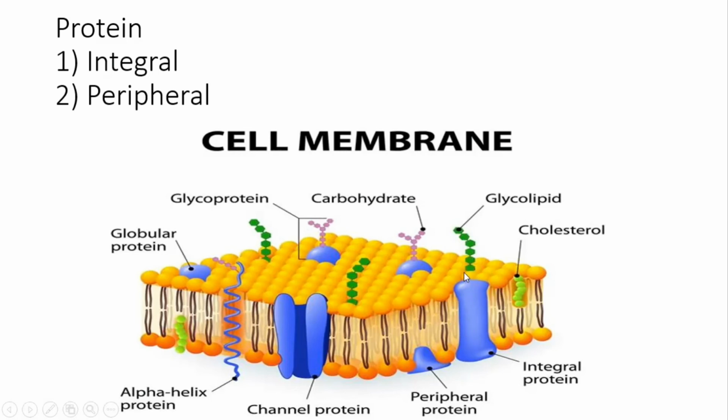So it passes through the entire cell membrane. You can see it from this surface to that surface. The peripheral protein is not like that. It's just the opposite. It's only located in one surface, either the intracellular or the extracellular. So it's either inside or outside.